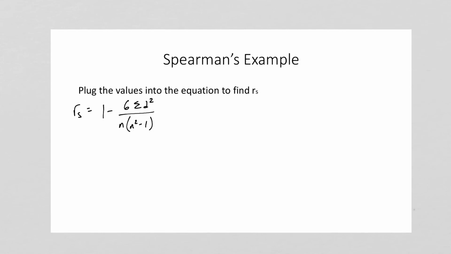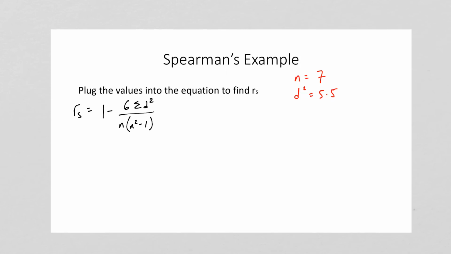So we've calculated all of our values. Now we just need to plug them in. Let's remind ourselves of what they were. n was 7 pairs, and d squared was 5.5.